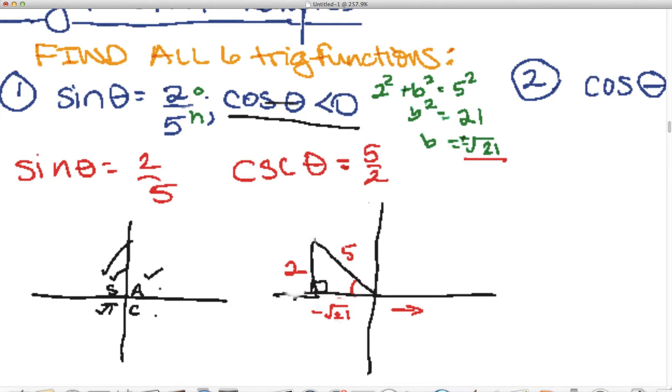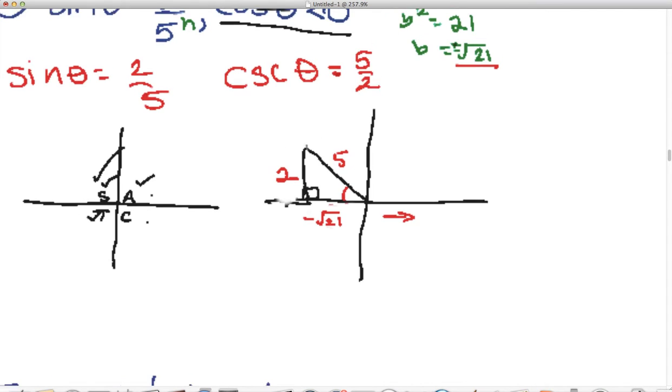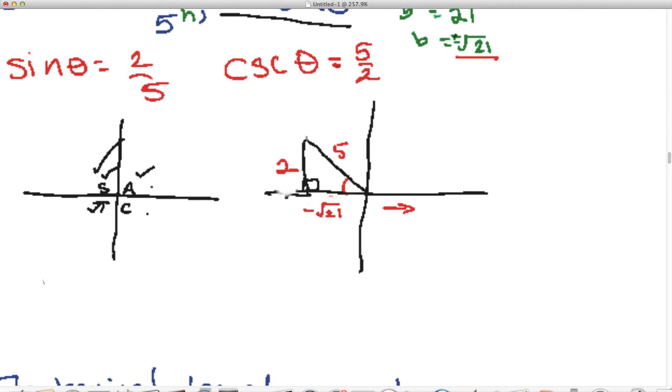All right, so now that you have that, you can find the missing trig functions. If I want cosine, that's adjacent leg over the hypotenuse. Remember SOHCAHTOA? So cosine is adjacent over hypotenuse, and that's going to be negative root 21 over 5.